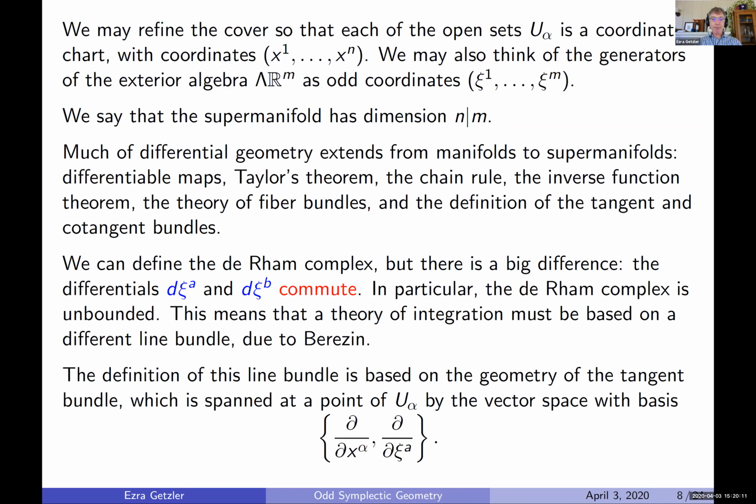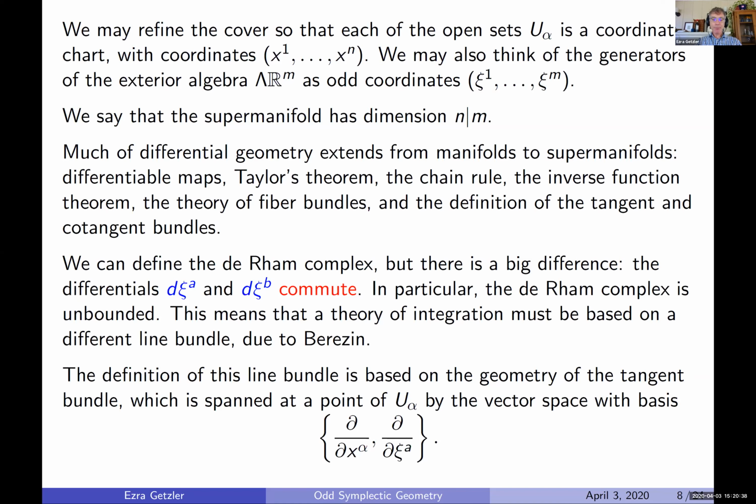Okay, you can define the tangent bundle. I should have said super bundle of the supermanifold, because its fiber at each point of the supermanifold is a superspace of dimension n|m. And in coordinates, you can just use the standard partial differentials as a basis for the tangent space at that point.